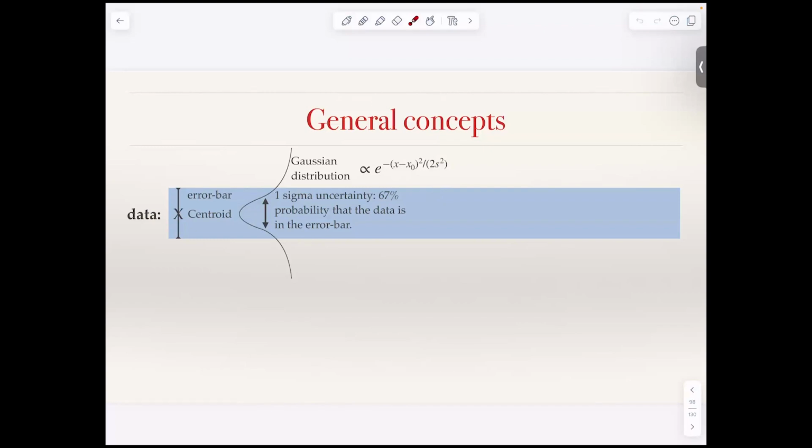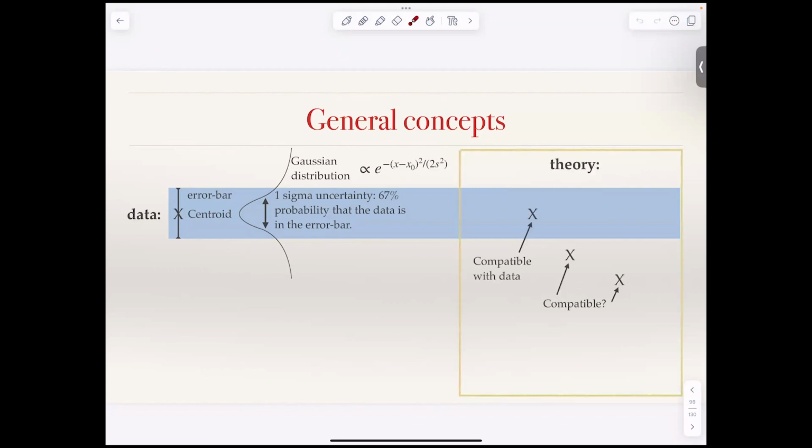So this is the most general way you can interpret, or determine what you can employ as a theoretician, for instance, the data which are provided by experimentalists or observers. Now, you have this data and you compare it to theory. Okay, so here, for instance, I give you 3 points.